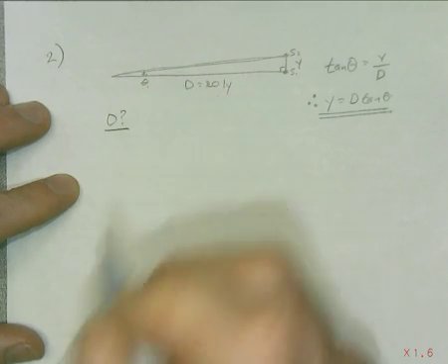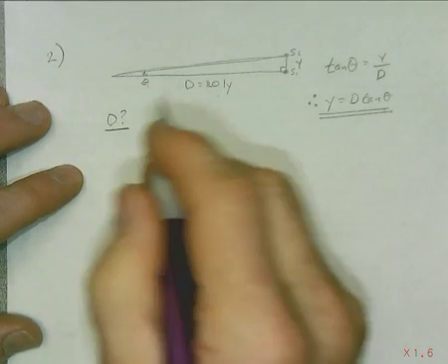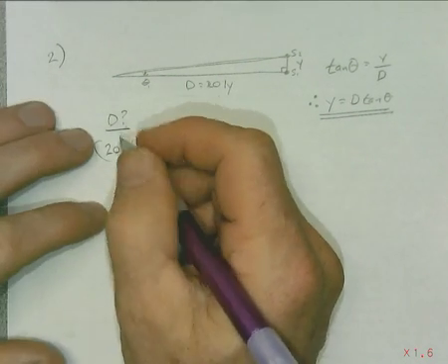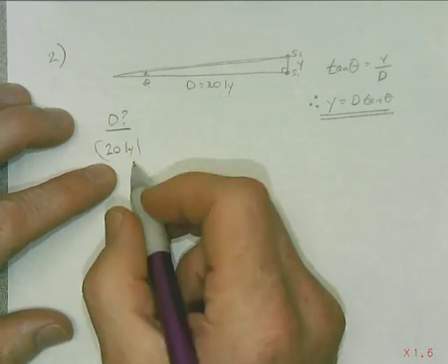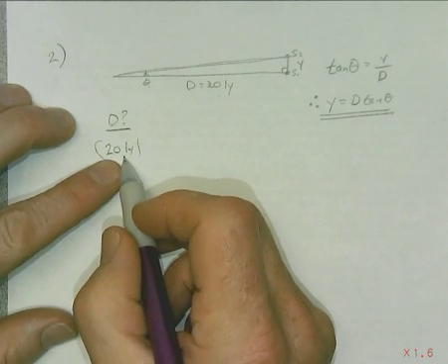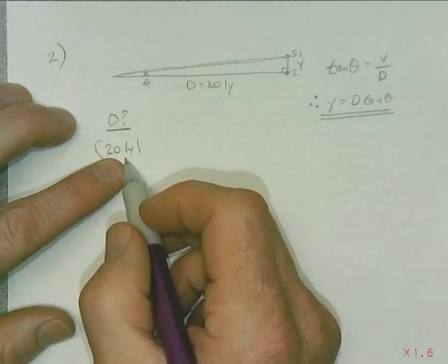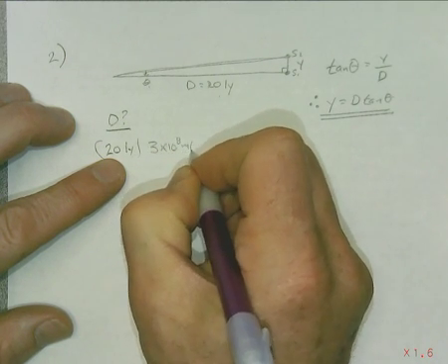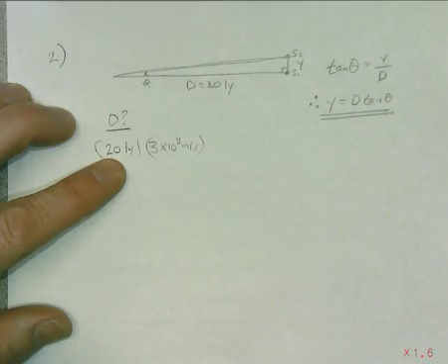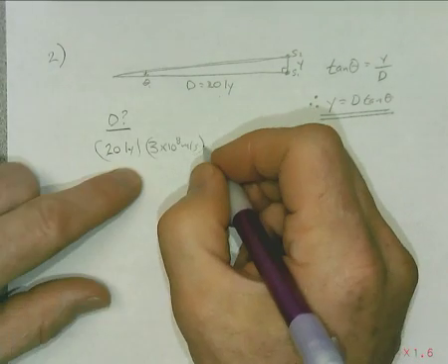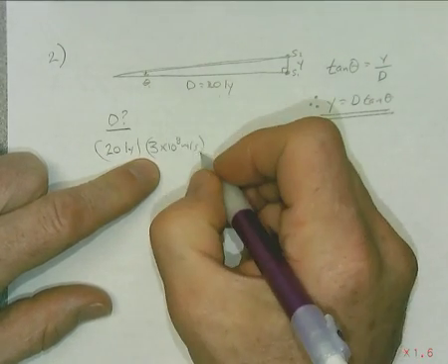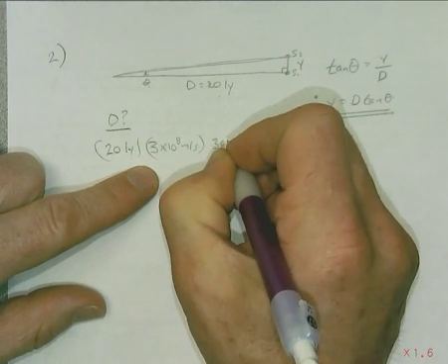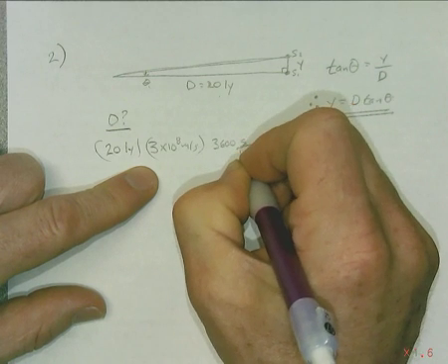D, let's do that first, because that's pretty straightforward. We have 20 light years, and that means the distance light travels in 20 years. Well, it's 3 times 10 to the 8th meters per second, and the conversion from seconds to minutes and hours is multiplying it by 3,600 seconds per hour.